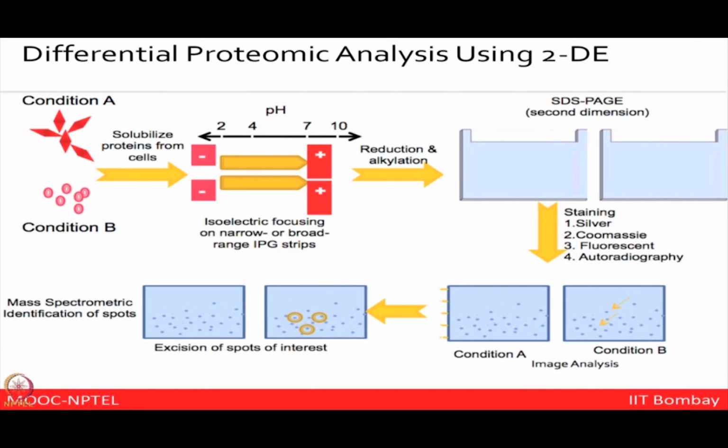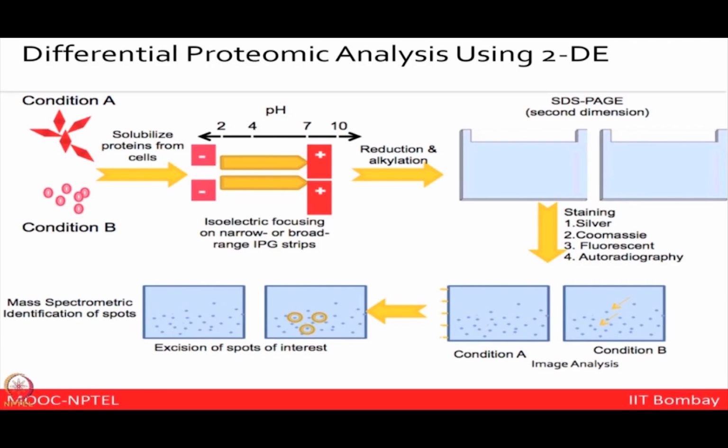You can now stain those 2D gels for visualization purposes using either Coomassie stain or silver stain. Now, these two gel patterns emerge from condition A and condition B. After analysis, you can see that some spots are differentially expressed, and if those are reproducible, you can excise or cut the spots and then do the protein identification using mass spectrometry.